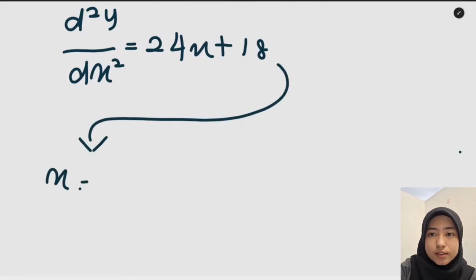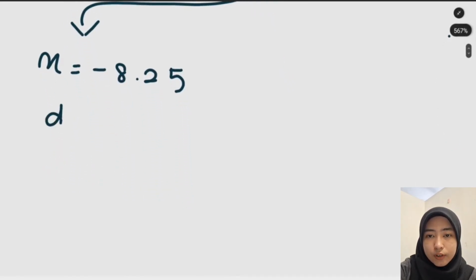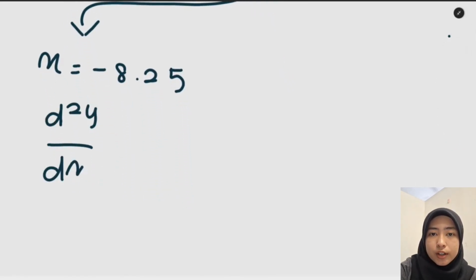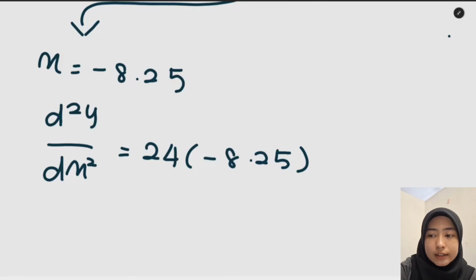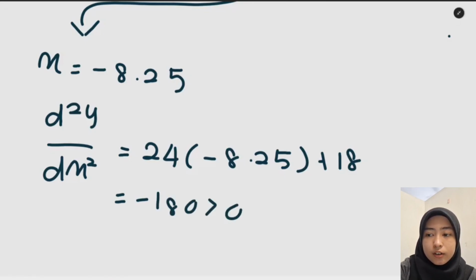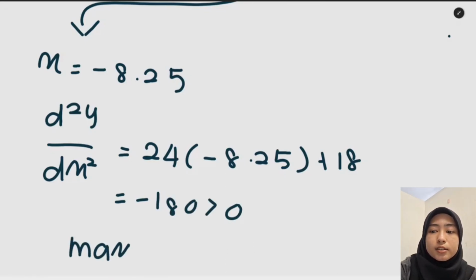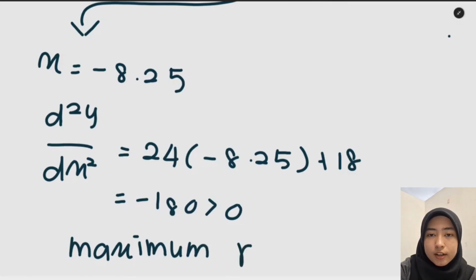After that, we take our x1 point, which is negative 8.25, and put it in our d squared y over dx squared. We will get 24 open bracket negative 8.25 close bracket plus 18. Calculate it all, and then we will get negative 180, and that will be our maximum point.